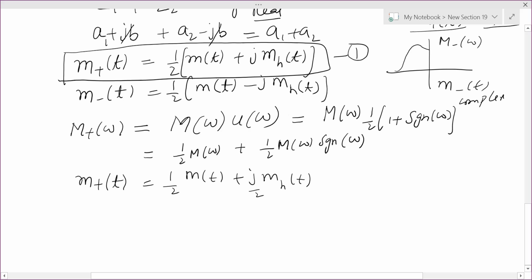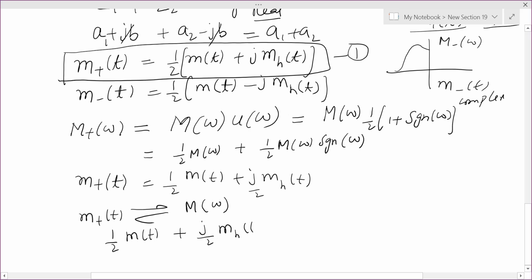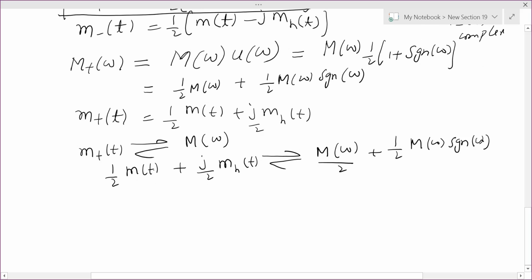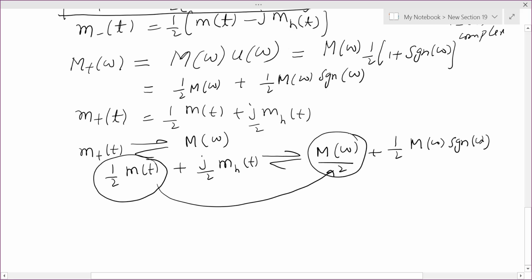Now we know that m plus of t has Fourier transform M plus of omega. Component-wise it means half m of t plus j over 2 mh of t has Fourier transform M of omega by 2 plus half M of omega Signum of omega. So it is clear that half m of t has Fourier transform M of omega by 2.